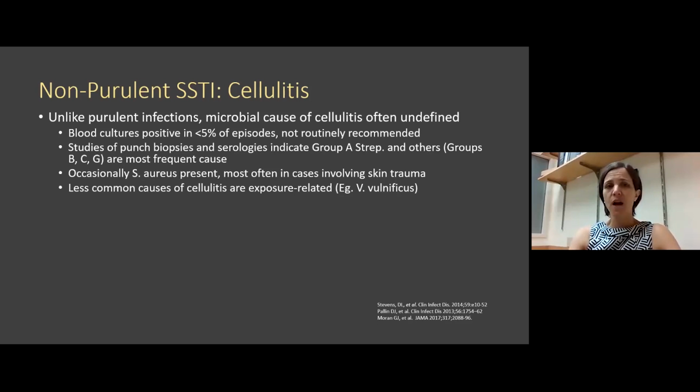Studies of punch biopsies of an area of cellulitis, and also serologies collected in people with cellulitis, indicate that group A strep and other beta hemolytic streps, so group B, group C, and group G strep, are going to be the most frequent cause of cellulitis. Occasionally, Staph aureus is present, but that's the minority of times, and usually that's when there's a skin wound.